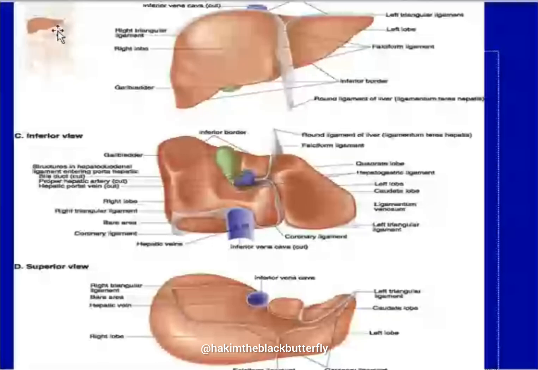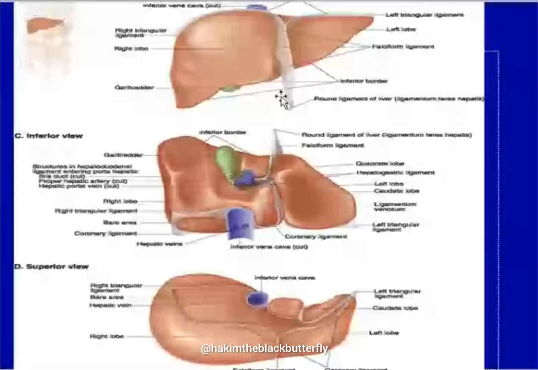So when we get this liver out of the body and we magnify it here, we are seeing the upper surface, which is convex, and the inferior surface, which is below there, which is known as the visceral surface. So this is the anterior surface of the liver, and the inferior surface is below there.